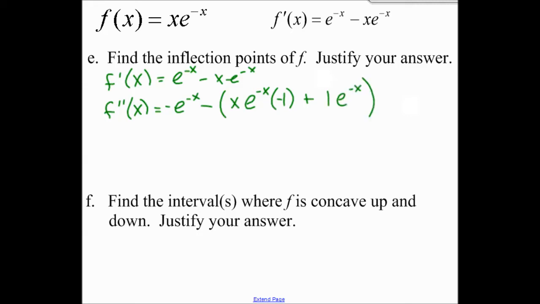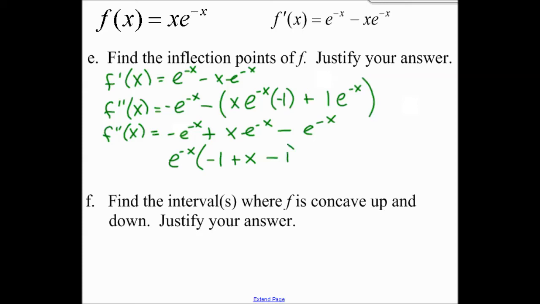All right, we're going to set this equal to 0. Might be helpful to factor out or distribute that negative. So the second derivative is equal to negative e to the negative x minus a negative, so that's going to be positive, minus e to the negative x. Factor out that e to the negative x, I'll be left with negative 1 plus x minus 1.